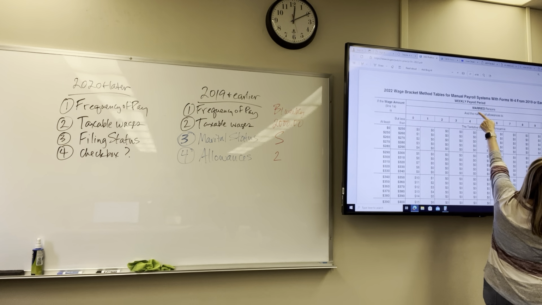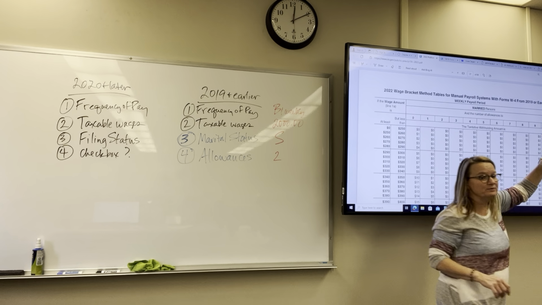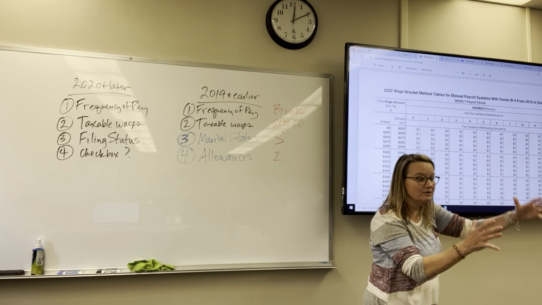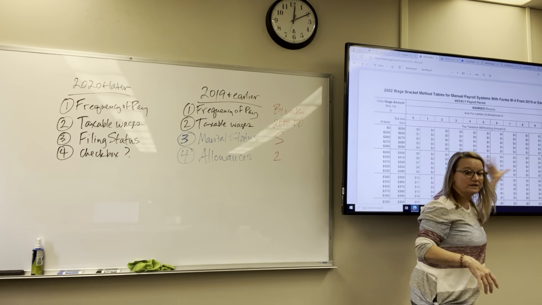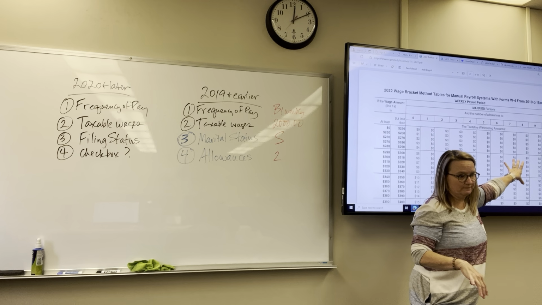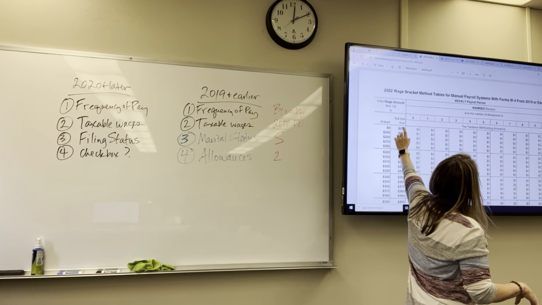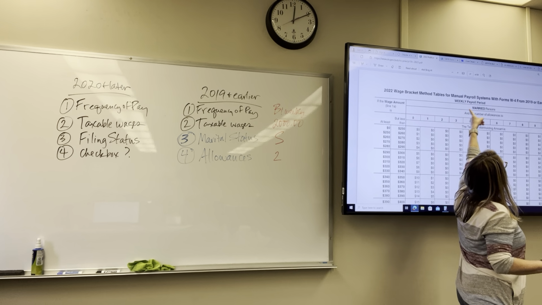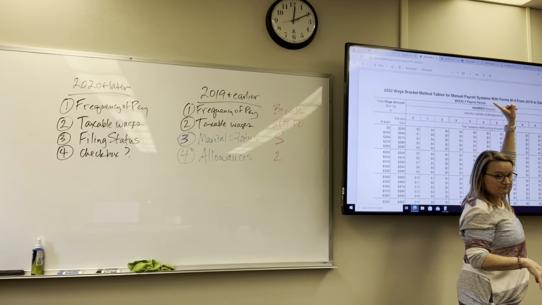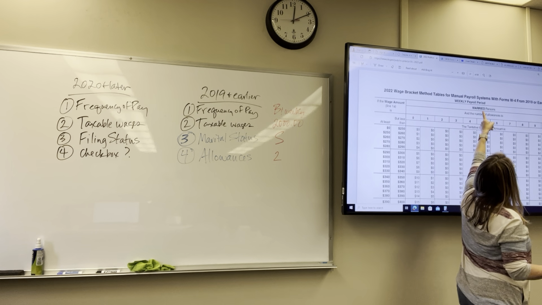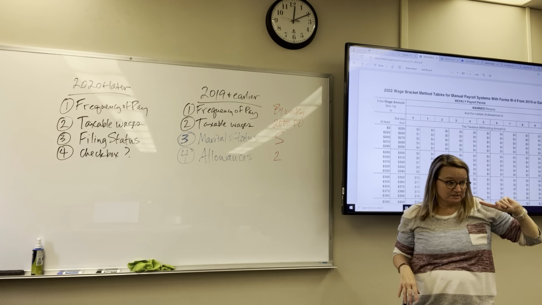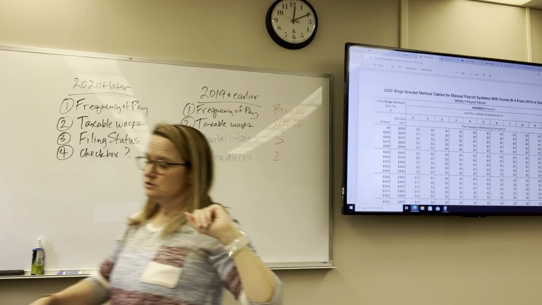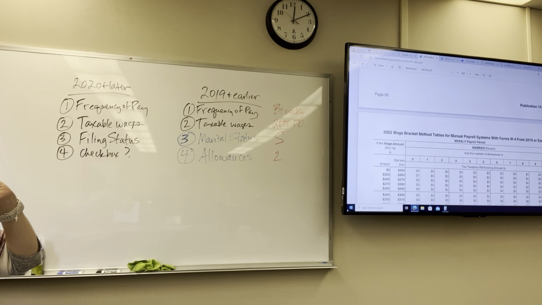We also have married persons. Now remember, with the other table, it was really convenient. All of those filing statuses were on one sheet. We don't have that anymore, okay? So we have to find not only the correct pay frequency, we also have to find the correct marital status page, okay?